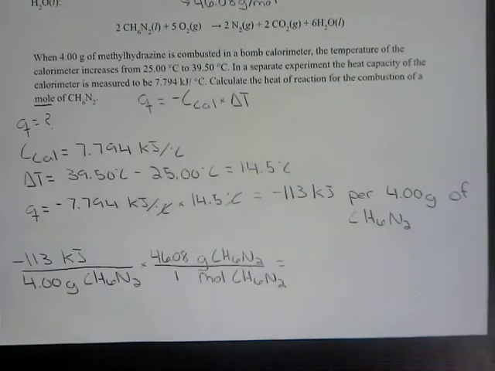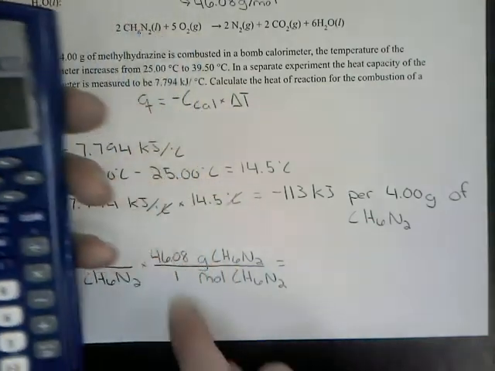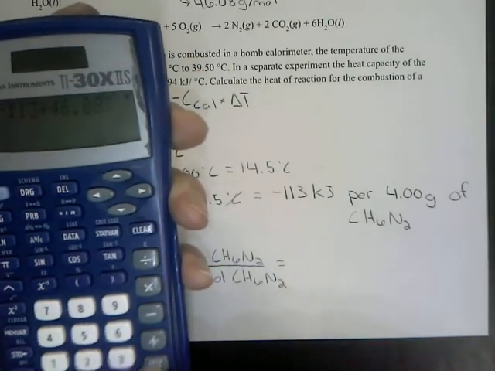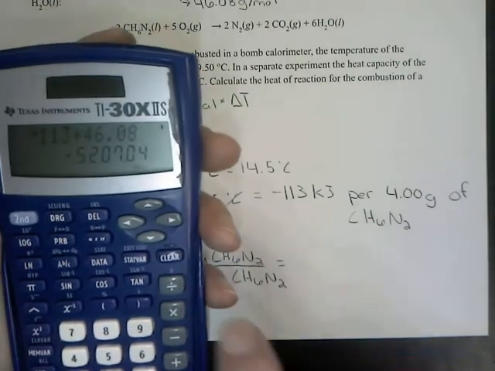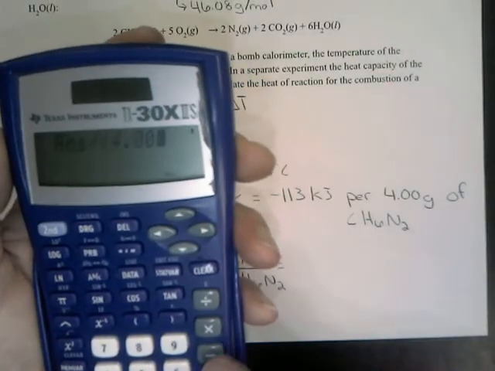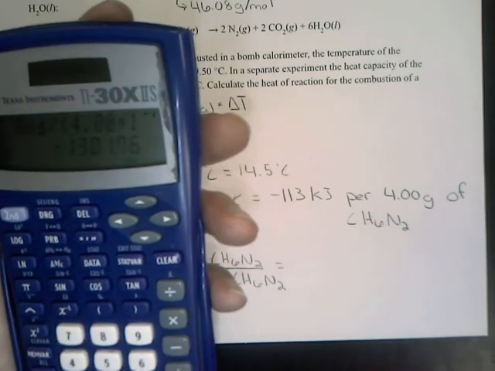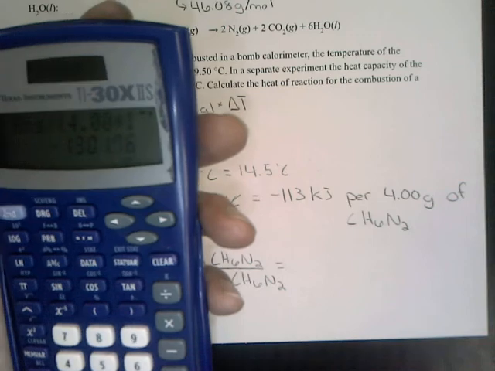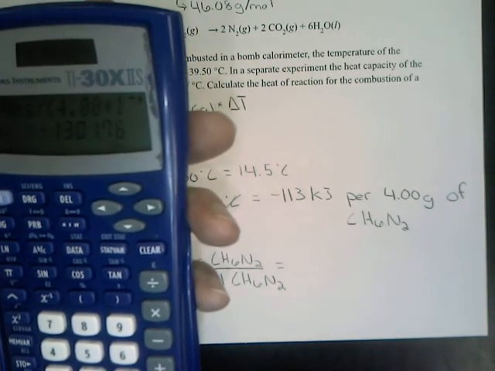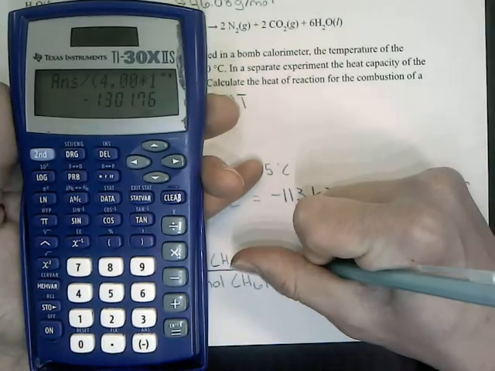My calculation, because I have it like this, is going to be a little goofy. I take negative 113 times 46.08, which is the stuff on top. Now I need to divide it by 4 grams times 1. And I get a value, when I round it to 2 significant digits, of negative 1,300 kilojoules per mole.